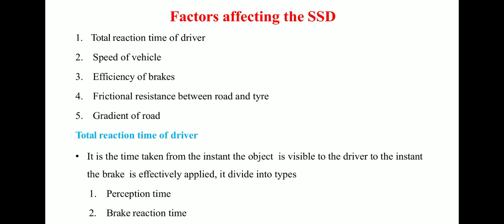In an ascending gradient, stopping sight distance will be less, but in a descending gradient, stopping sight distance is more because gravitational force comes into the picture. Lastly, frictional resistance between road and tire. When the frictional resistance is more, the vehicle will stop immediately and the sight distance required is less, and vice versa.